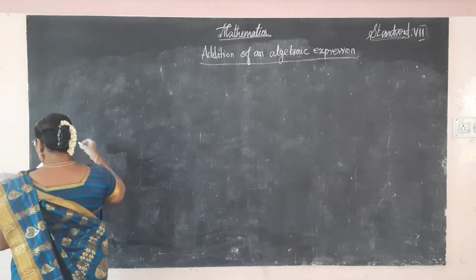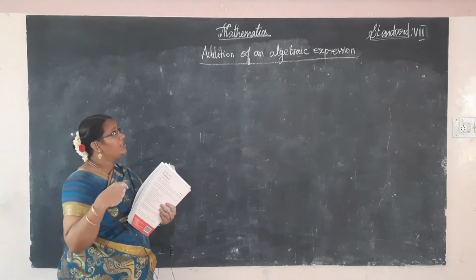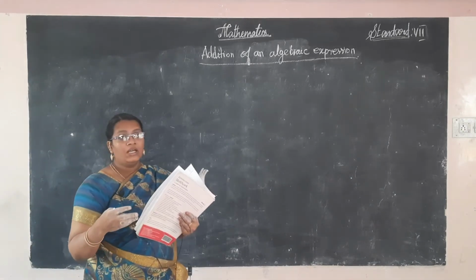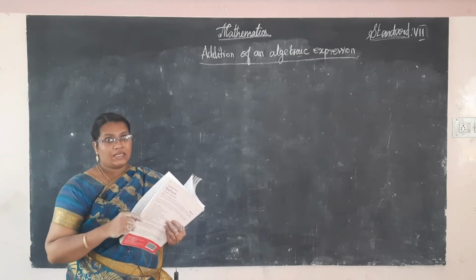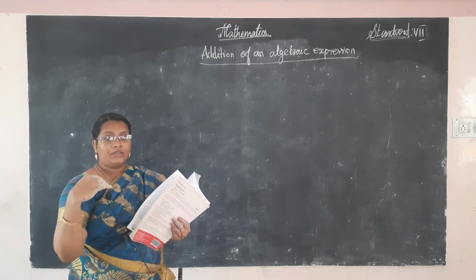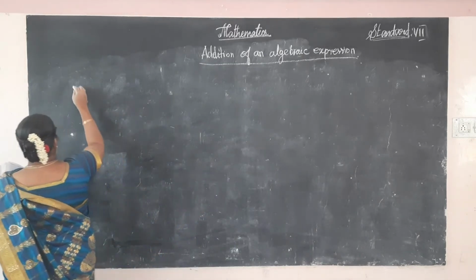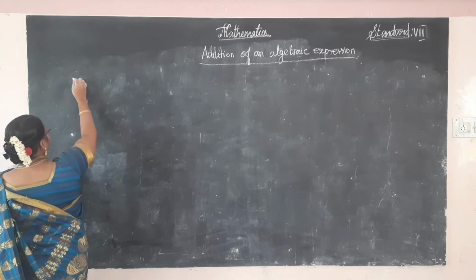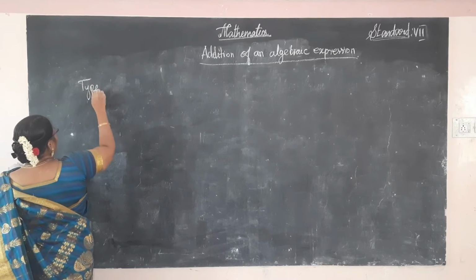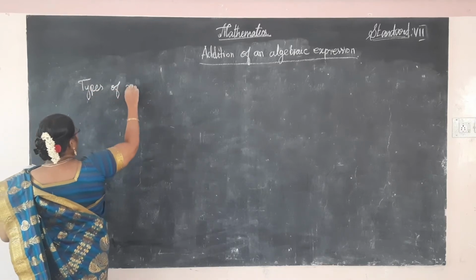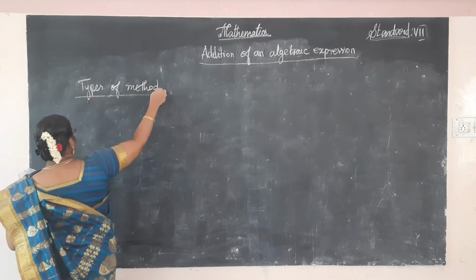We solve the addition of algebraic expressions in two methods. The first one is the horizontal method, and the second one is the vertical method, or column method. We follow two types of methods.